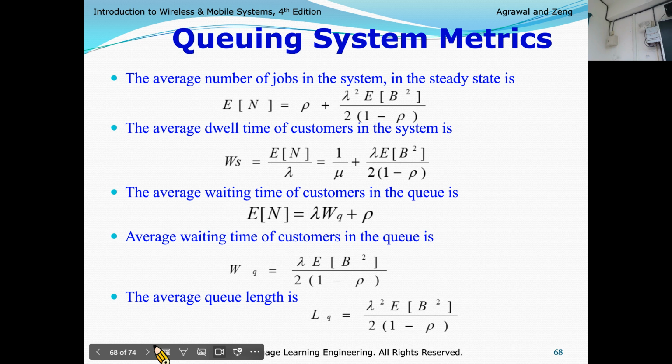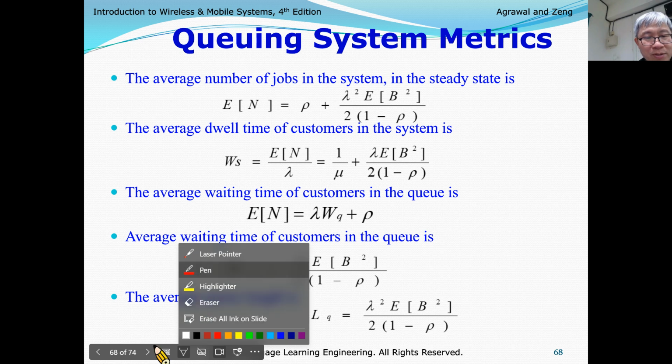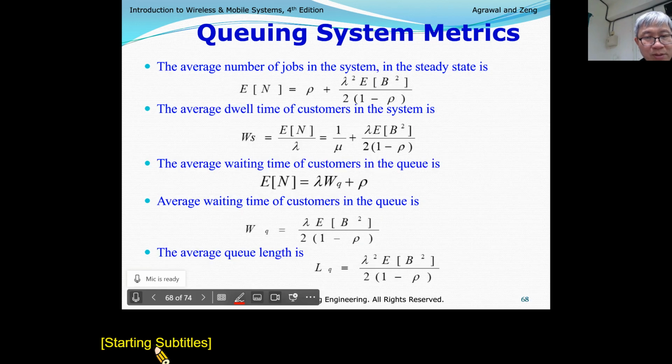No, right? So later, I will try to check the content to illustrate that. In fact, for this one, we are asked to have the waiting time in queue.